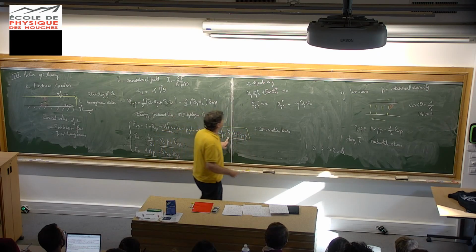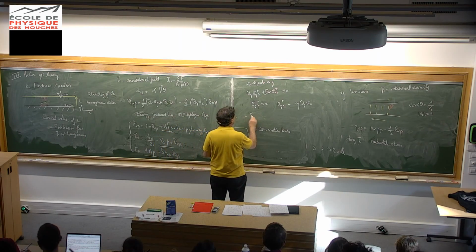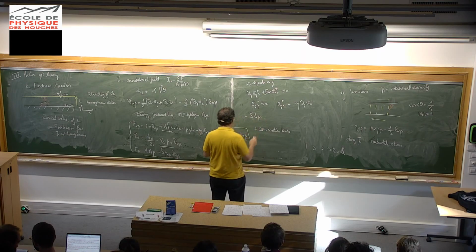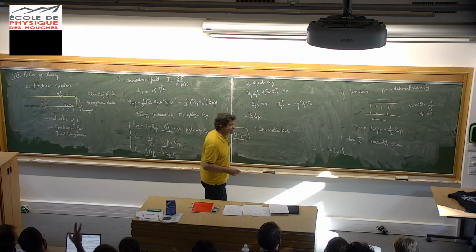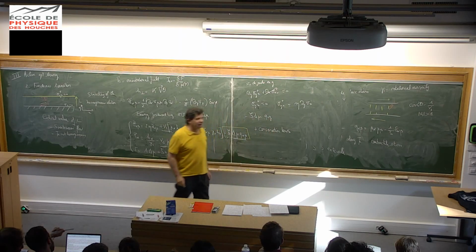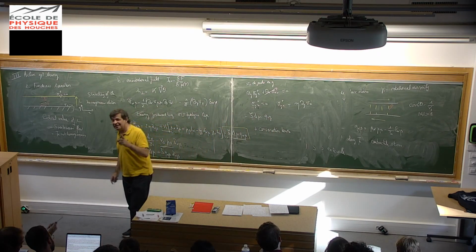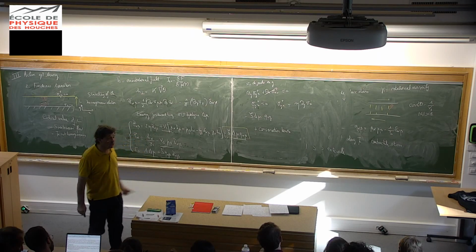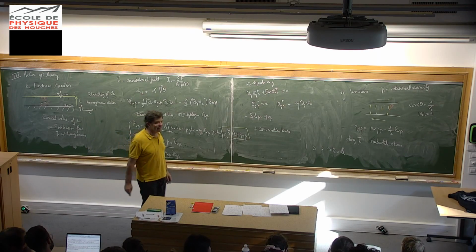So I want to write zeta delta mu qxy. P is cosine theta sine theta. If theta is small, cosine theta is 1, sine theta is theta.